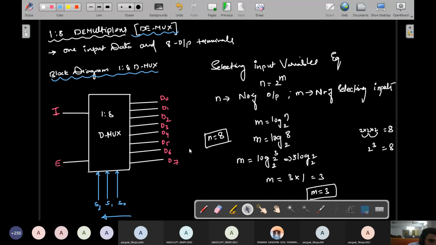I'll move to next page. Please note everybody. Right now I want to write the truth table of 1:8 demux, the demultiplexer.